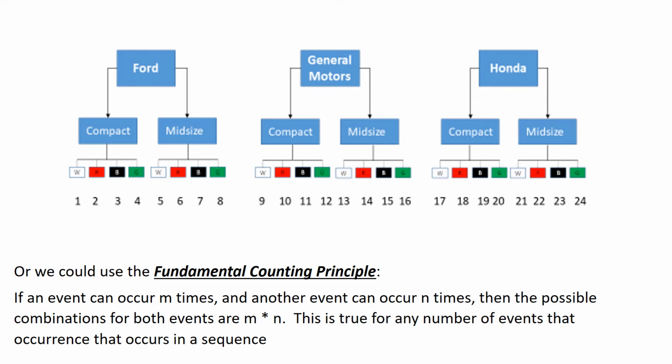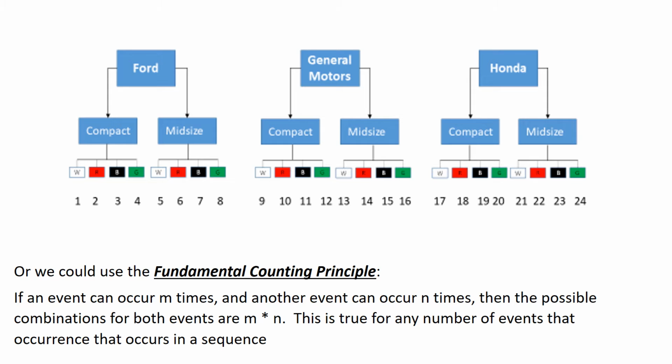When I count all my possible solutions in total, there are 24 variations. You can see the 4 for compact for Ford, 4 for midsize for Ford, 4 for compact for General Motors, 4 for midsize for General Motors, 4 for compact for Honda, 4 for midsize for Honda. Those different outcomes, 24 unique outcomes, come out of it.